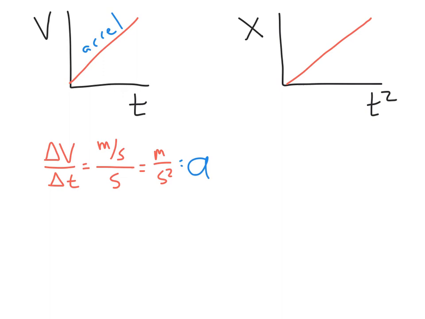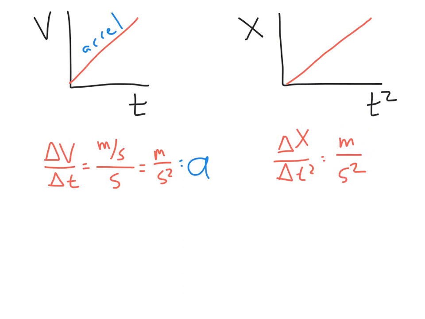When I go over to the x-t graph, the x versus t squared graph, the slope calculation would be a change in position over a change in time squared. Again, with the units on that, that would be meters over seconds squared. So you see, again, we have acceleration units here, we have acceleration units here.